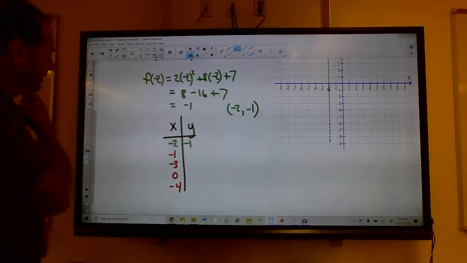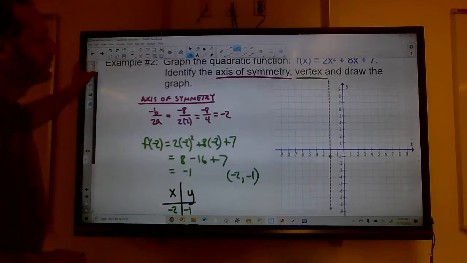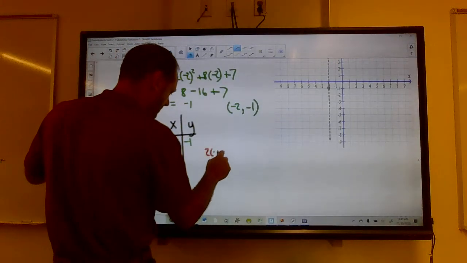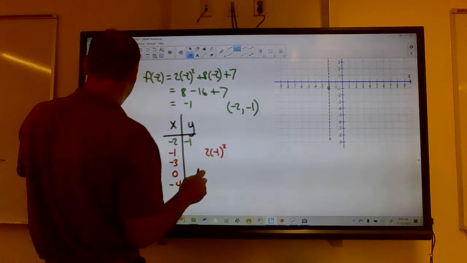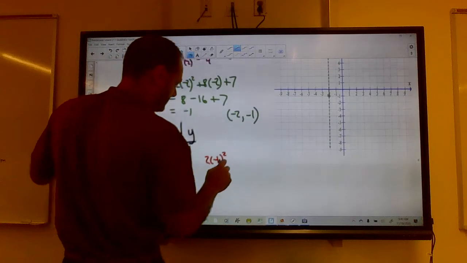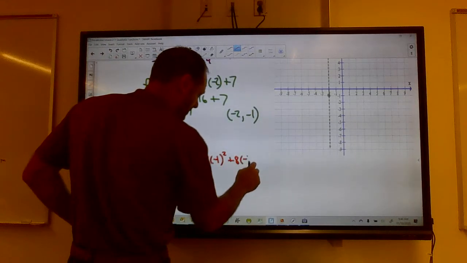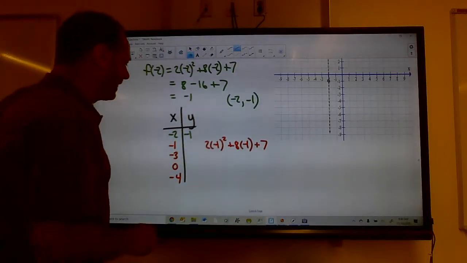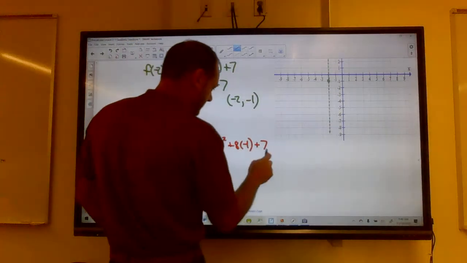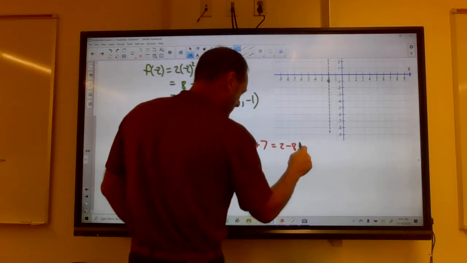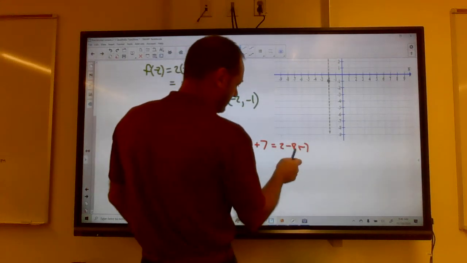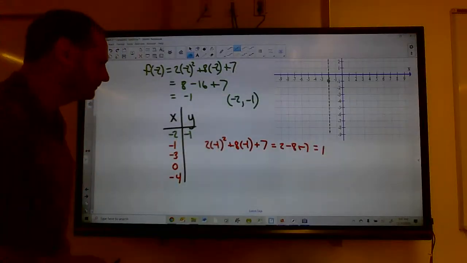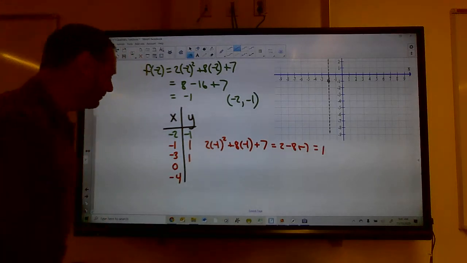So I only have to calculate one of those or two of those. So 2 times negative 1 squared plus 8 times negative 1 plus 7. Okay, so this is 2 minus 8 plus 7. So that's going to be 1. That's going to give me 1.